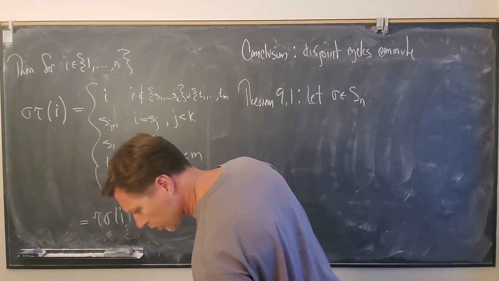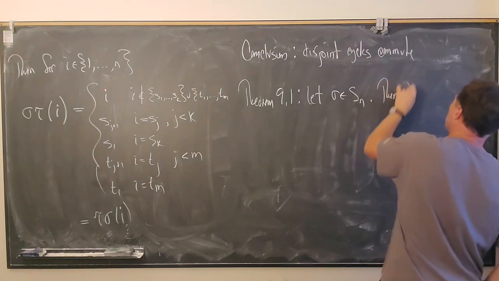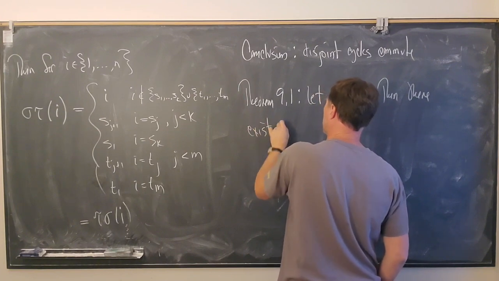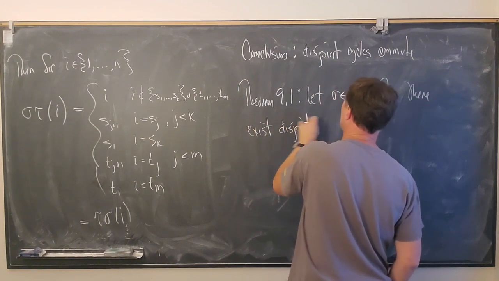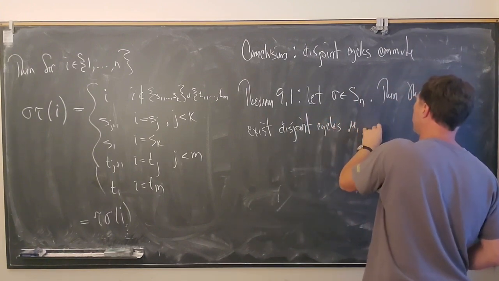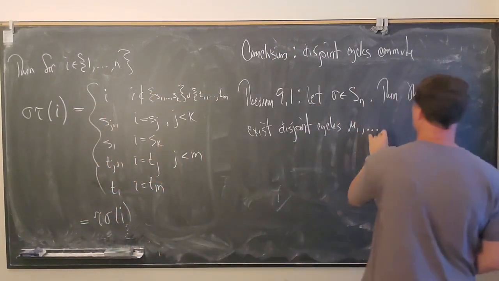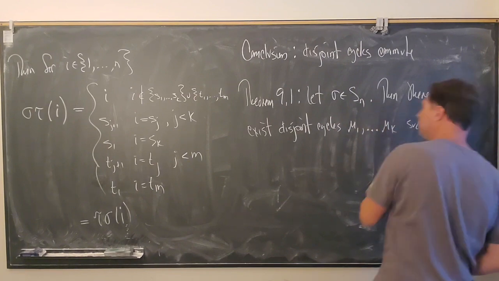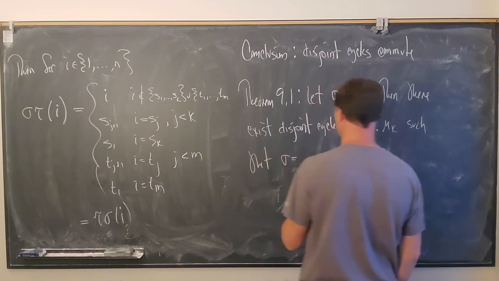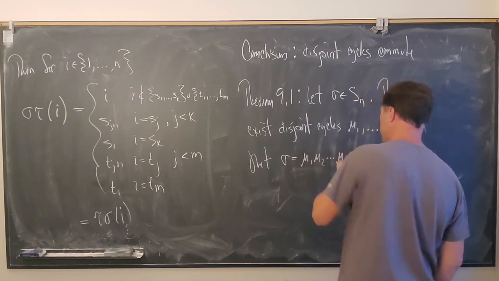Then there exist disjoint cycles, let's call them mu1 up through mu sub k, such that sigma is equal to mu1, mu2, dot dot dot, mu sub k.